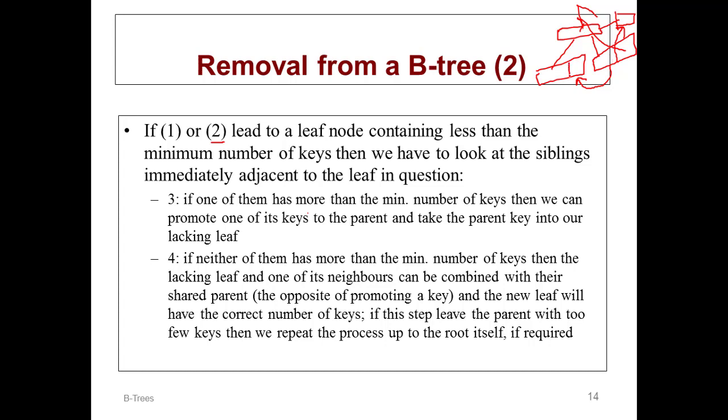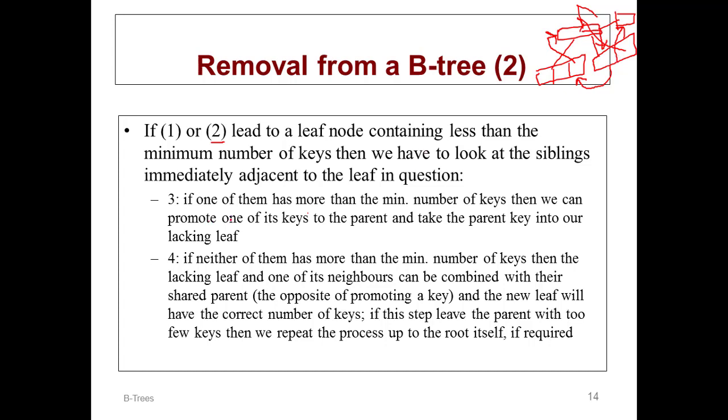Then we look at the keys in its sibling. If this sibling has too many keys and one of the keys can be promoted towards the parent, we will promote that, and then from the parent we will demote one value to bring it to the desired level.